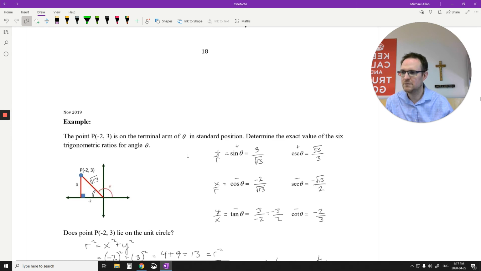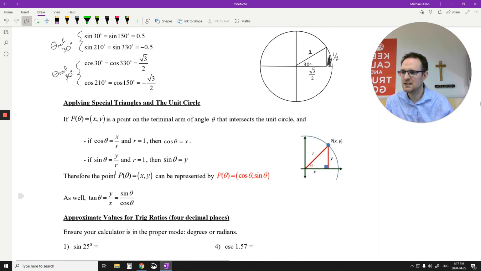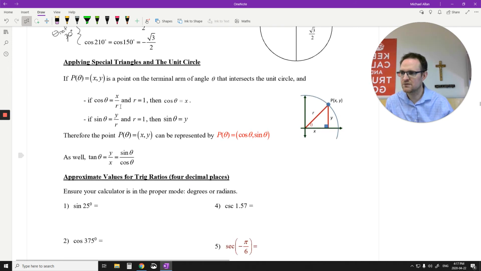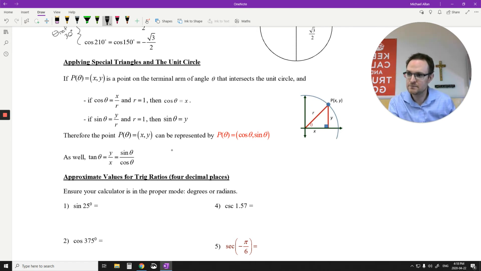There you go. So that's what that's saying there. These are the formulas here. So cos theta is equal to x, sine theta is equal to y. That means a point x, y on the unit circle is just the same as saying cos theta, sine theta. Okay?